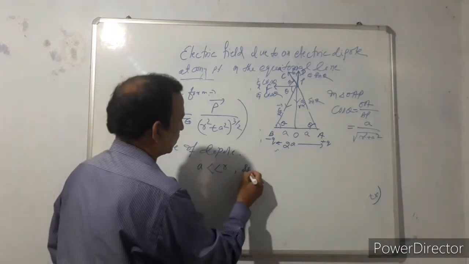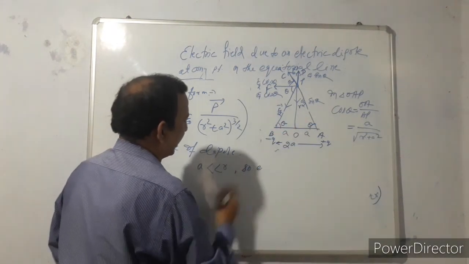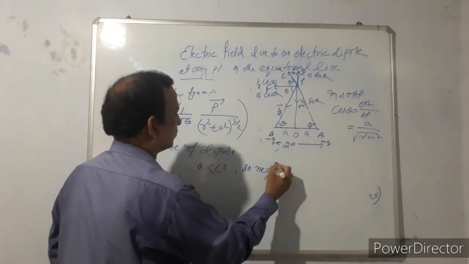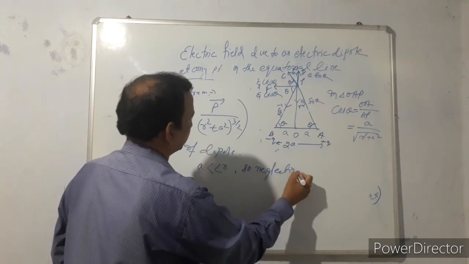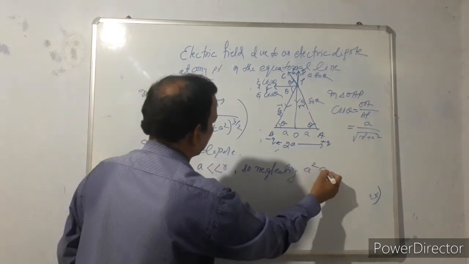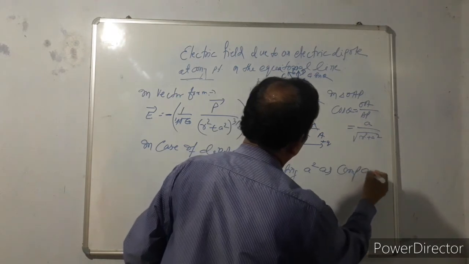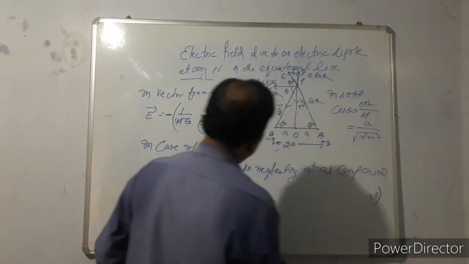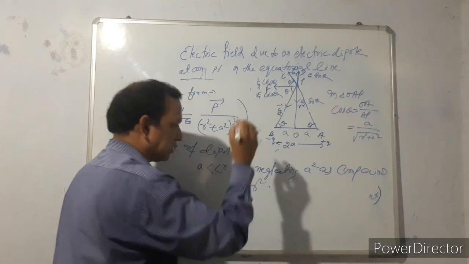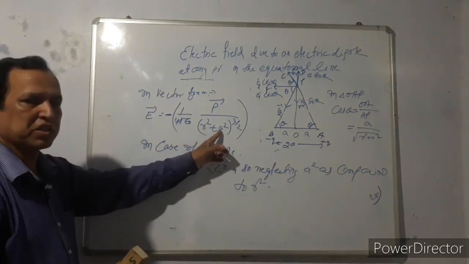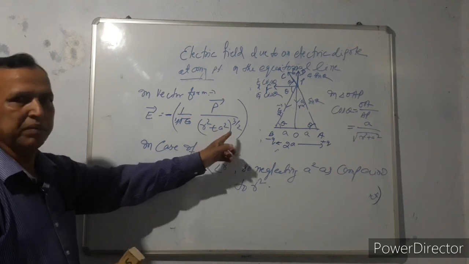So neglecting a square as compared to r square, since a square is very small compared to r square, a square can be neglected.